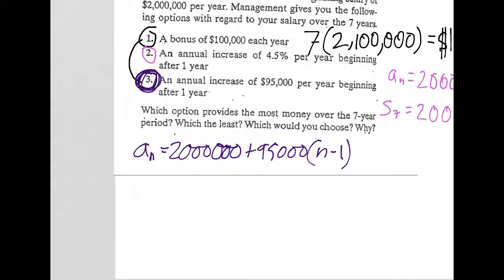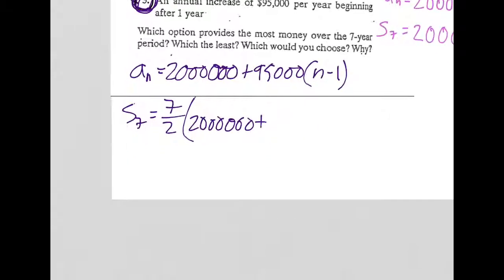Again, it makes sense with that after year 1 thing, because our starting year will be 2 million, and then it'll be 2,095,000. So we can use our summation for the first 7 years, Gauss's formula: 7, the number of terms, divided by 2, times the first term, which is 2 million, plus our last term, which we need to find. So we need to figure out what is a sub 7.